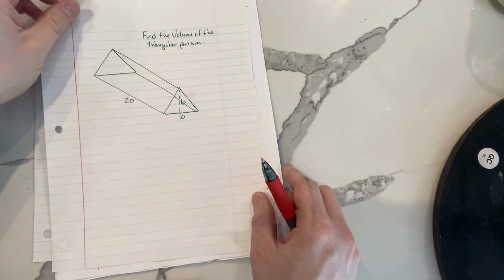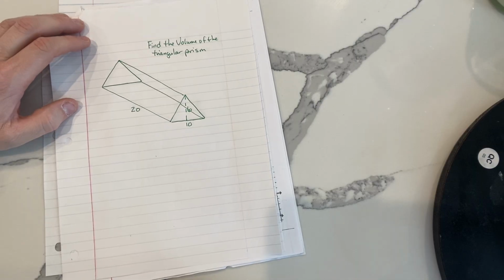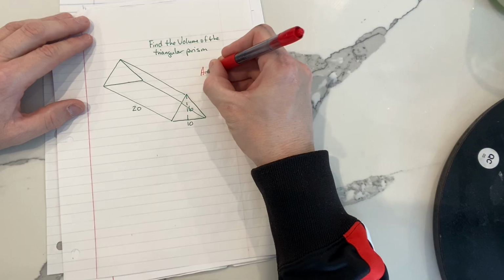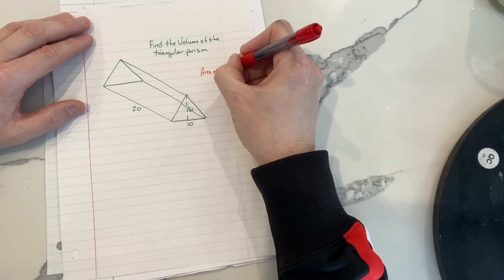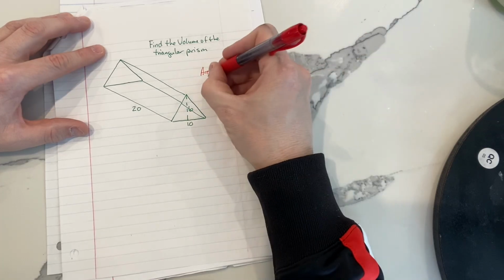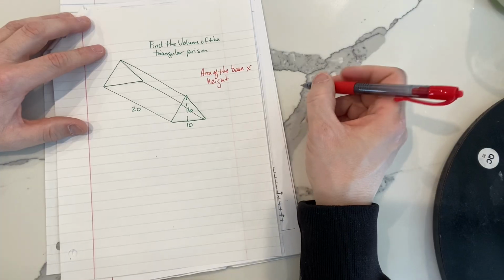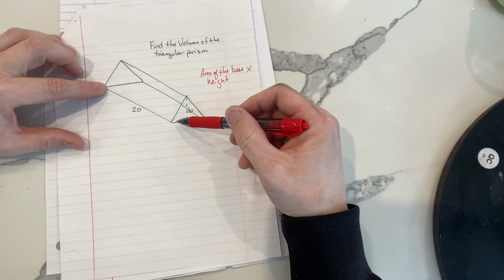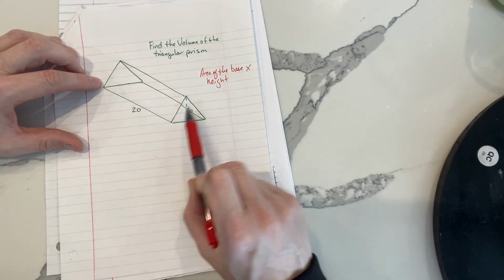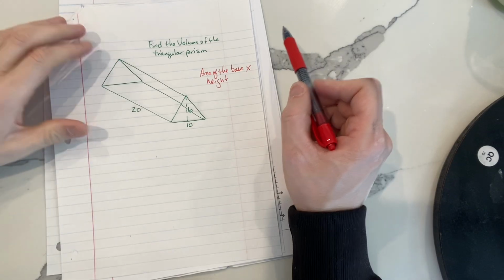Find the volume of this triangular prism. Okay, so it is the area of the base times the height. When we look at this, the way it's laid right here, this down here is the base right now, but you need 2 congruent sides.